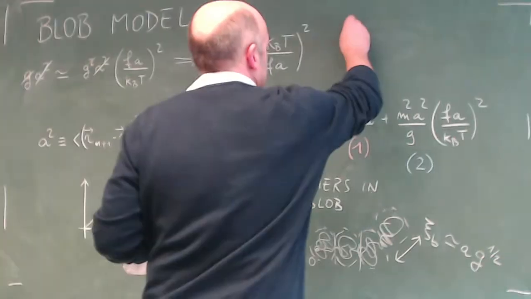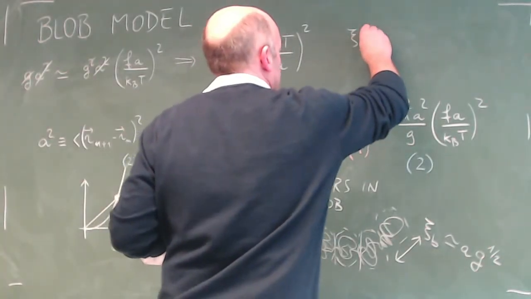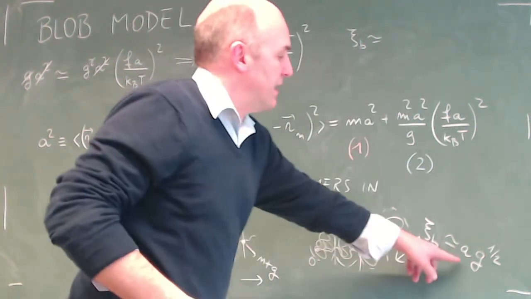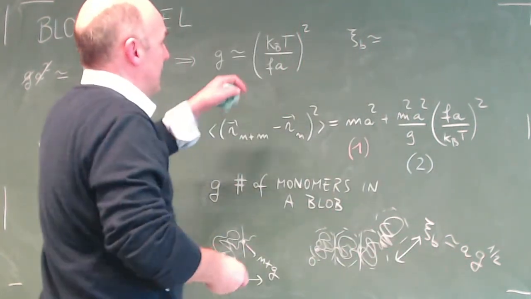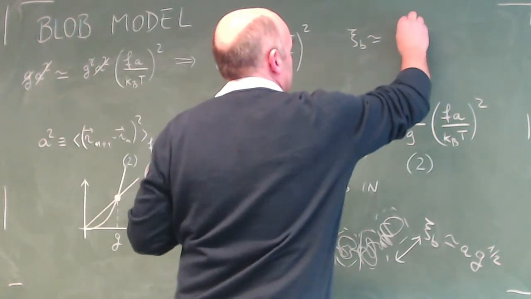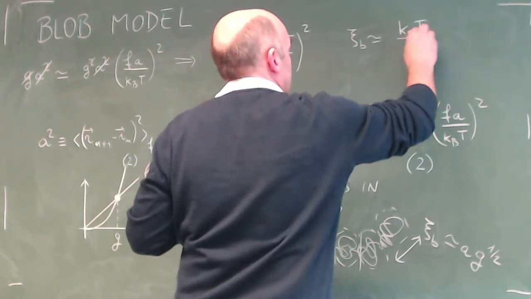We find that the size of the blob, ψ_b, is a square root of g. A square root of g gives exactly kBT divided by f.